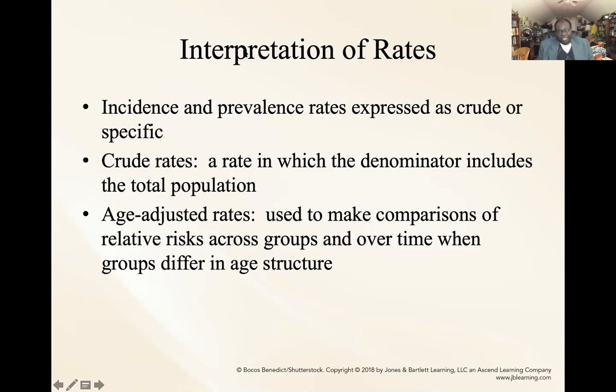See, crude rate, the denominator includes the total population. Age-adjusted rate is used to make comparison of relative risk across groups and over time when groups differ in age structure.